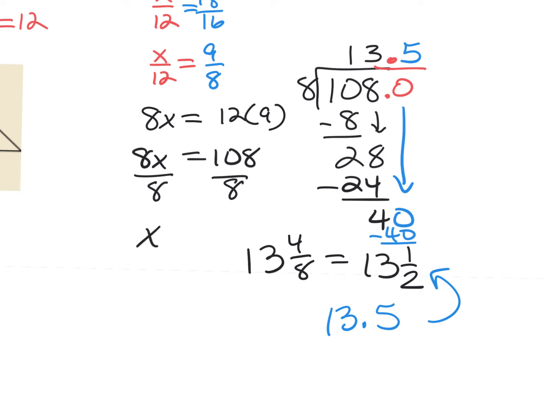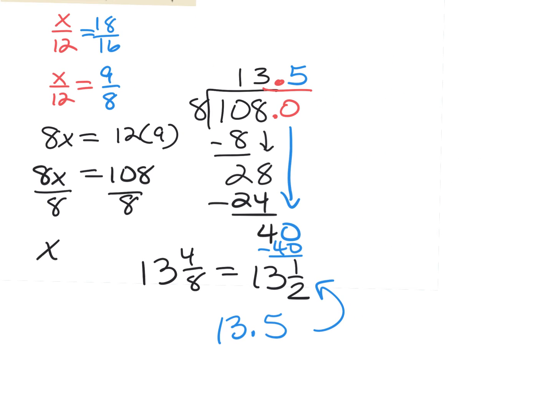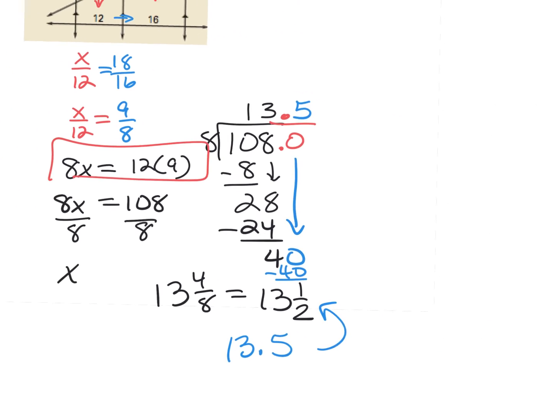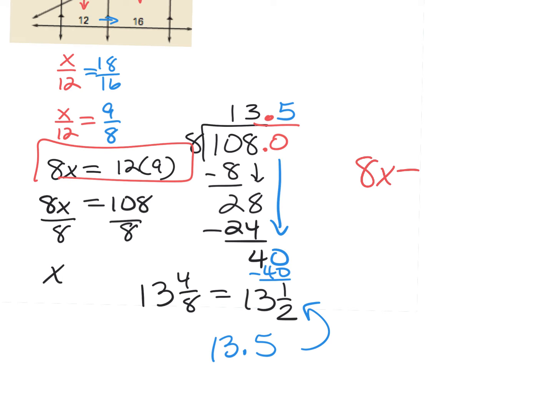Now, one other thing that I used to teach my Algebra 1 class is at this point when we were right here, instead of multiplying 12 times 9, I would leave it. And then I would show divide by 8. But then what I would do, this cancels because 8 divided by 8 is 1.